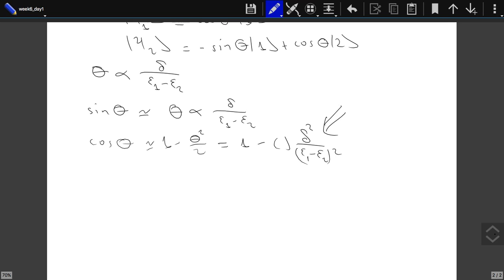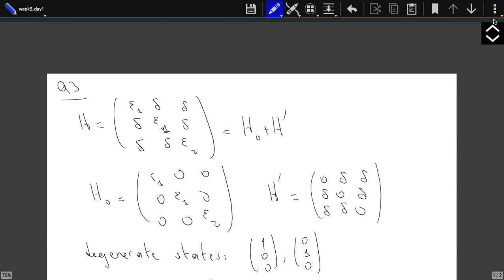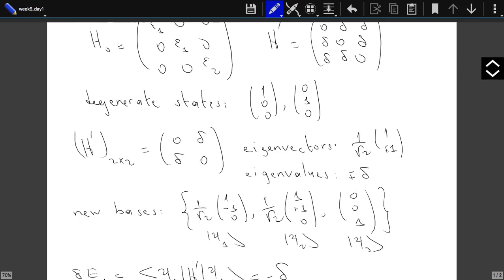In the third question, in the first one, I thought I should diagonalize the whole matrix. Yes, that's you. I didn't give your name. So we should only diagonalize the part and then put it back. You see, what we are doing in degenerate perturbation theory is that you only look at the degenerate subspace.